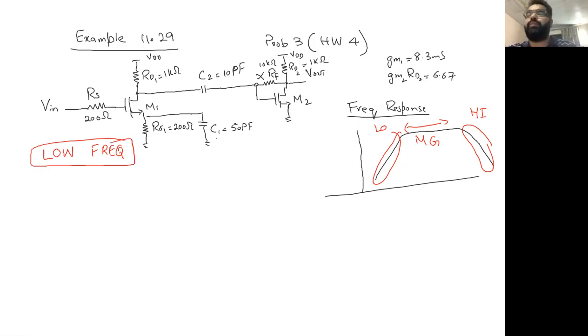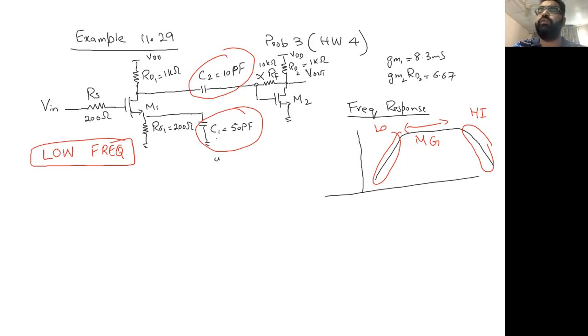For low frequency capacitances, what we can see and analyze is that both C1 and C2 are low frequency capacitances. C1 is a bypass capacitance and C2 is a coupling capacitance. So let's start with C1. We call it related to this pole, omega L1.